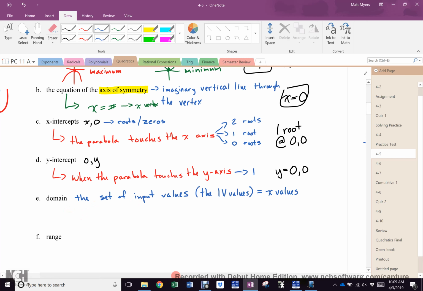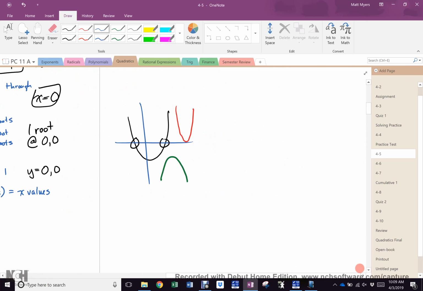All right. So, again, think of our parabolas. Again, you do not need to draw this. But this black parabola here, what is going to happen to it as it approaches infinity? What is going to happen to this distance? It's going to get wider and wider and wider. Will this parabola ever stop expanding this way?